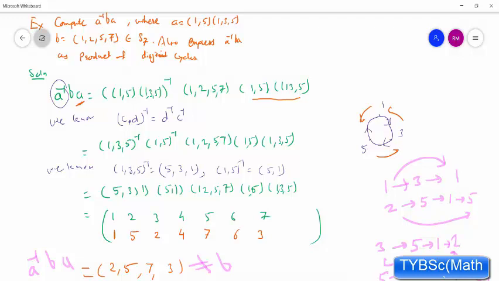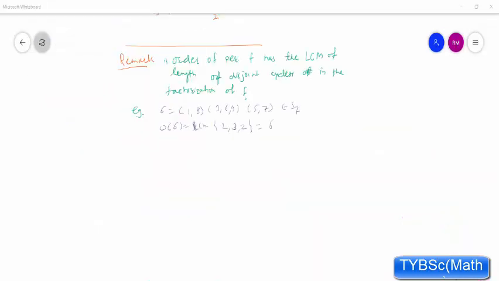But here equality is not satisfied, because this is not usual multiplication and that is not a usual group. Okay, I hope you understand this problem neatly.